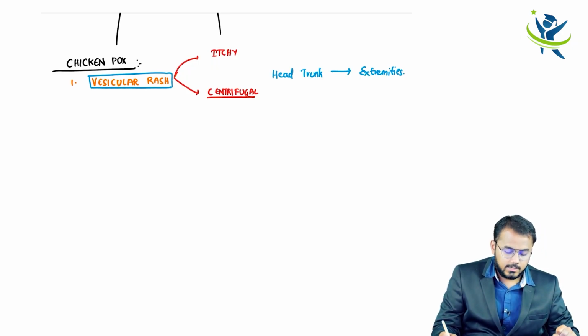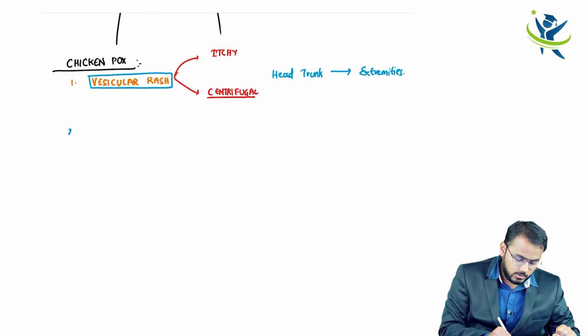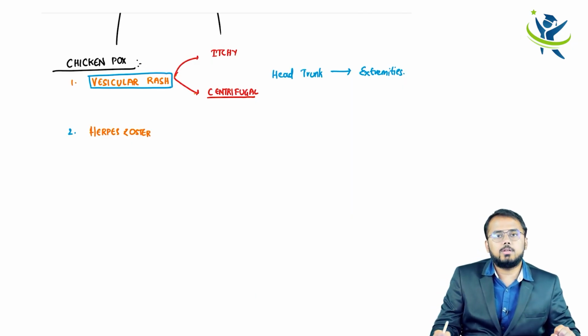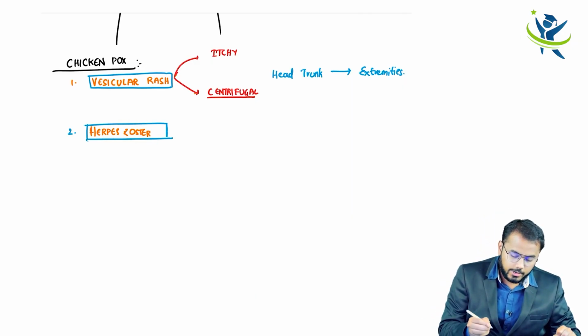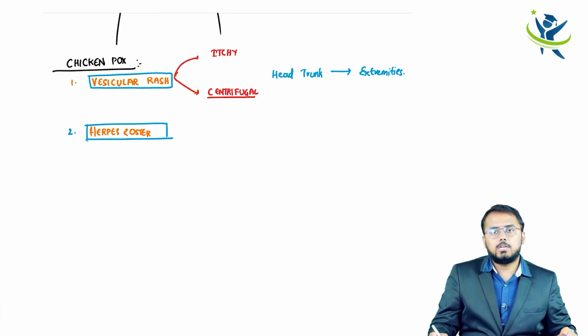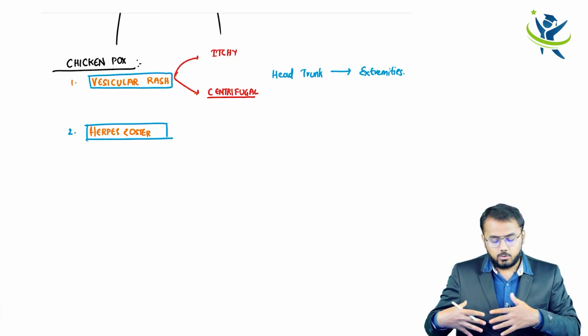So, next thing is herpes zoster. Coming to the second form of rash, that is your herpes zoster. In herpes zoster, how do you define this rash? I have already told you this rash is only along a single dermatome, right?